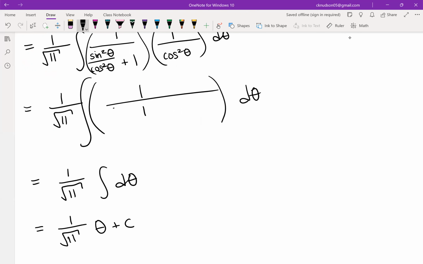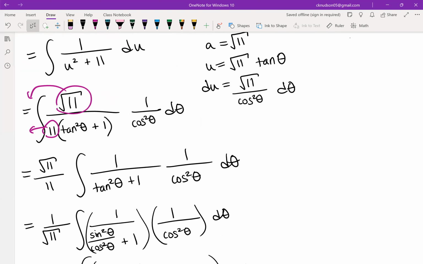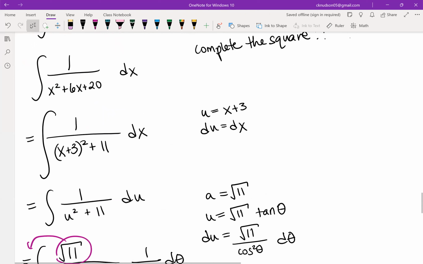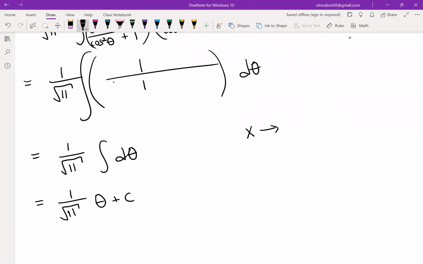Now, we are done with the integration, and we need to bring things back to being in terms of our original variable, x. But since we went from x to u to theta, first we need to go back to u, and then we can go back to x.